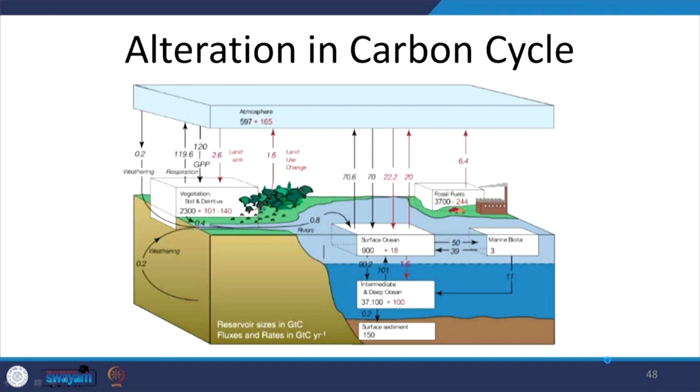Now, all this has already led to an alteration of the carbon cycle, where more and more carbon dioxide, carbon monoxide, carbon in general is available in the atmosphere, while earlier it used to stay fixed underground. That is what all this alteration in the carbon cycle is doing. So, these are the impacts on natural cycles because of human activities, and in some way or the other, some human activity is responsible for it.